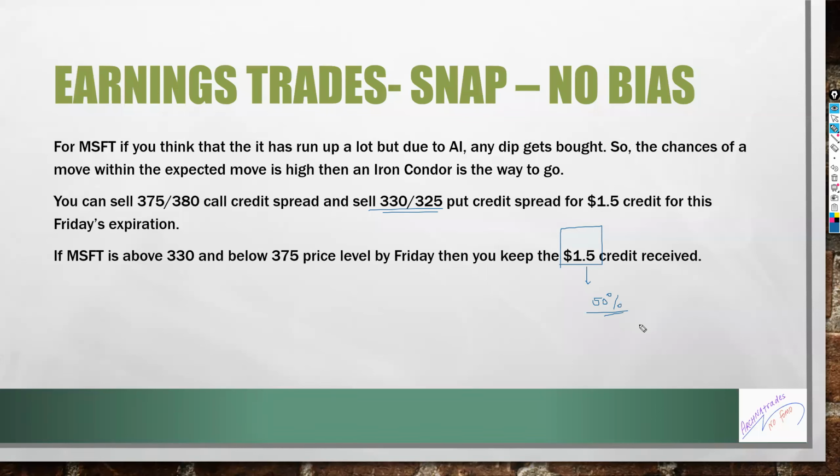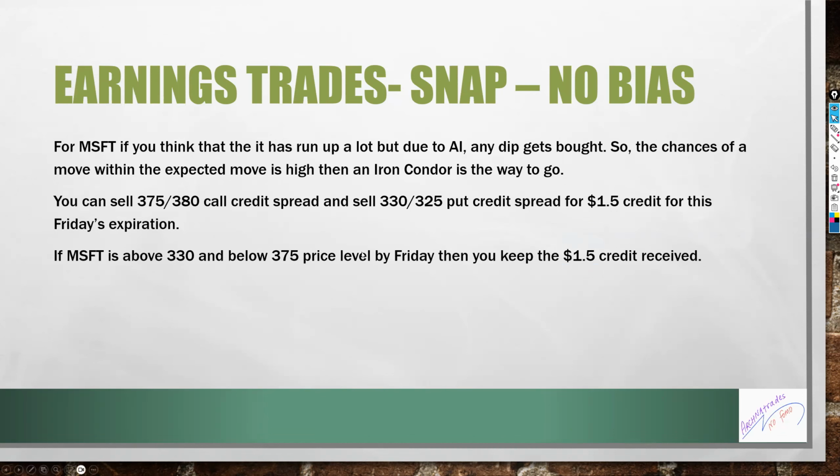Tomorrow in the morning, because Microsoft has moved within the expected move, the move is within the expected range, the IV will collapse. Your earnings excitement is out. And you should be able to easily get 50% of the credit. So $75 overnight for you to sleep in, you could have made it. Okay, that's the iron condor. That can be a different strategy that you can use for earnings.